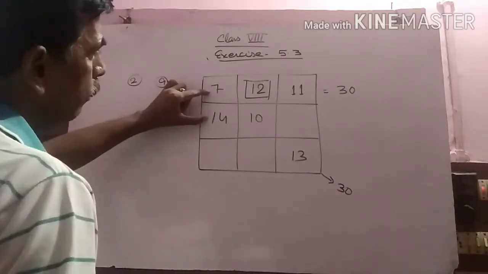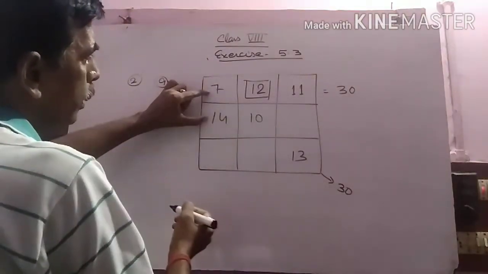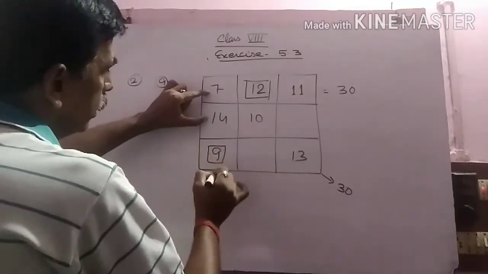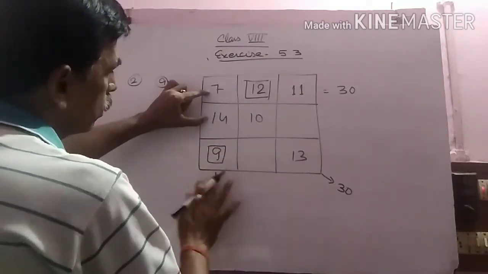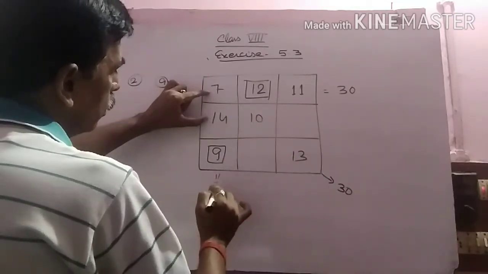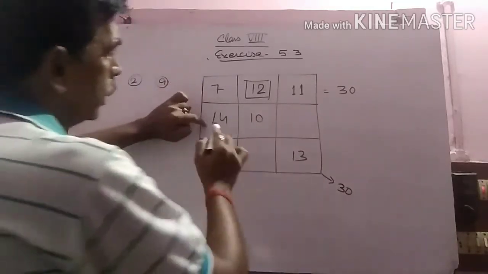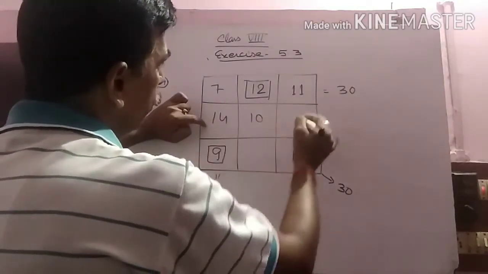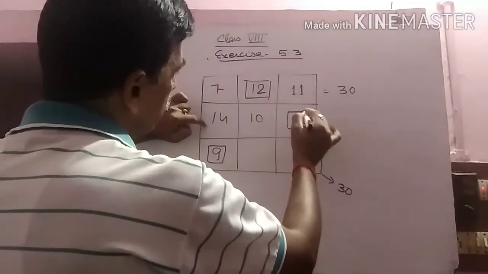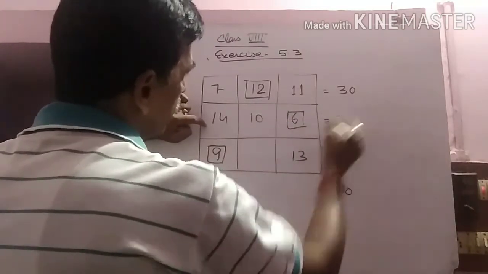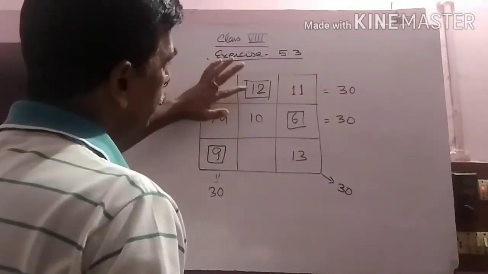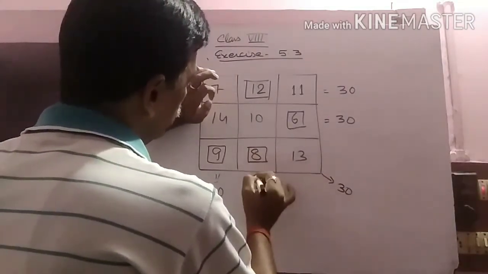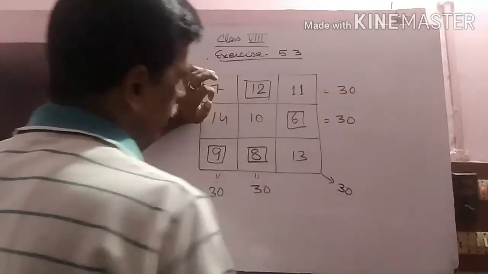Look here, these two are given. 7 plus 14 is equal to 21 plus 9 is equal to 30. This becomes 10 plus 14 is equal to 24 plus 6. This becomes 30. Now 10 plus 12 is 22 plus 8. So this also becomes 30.